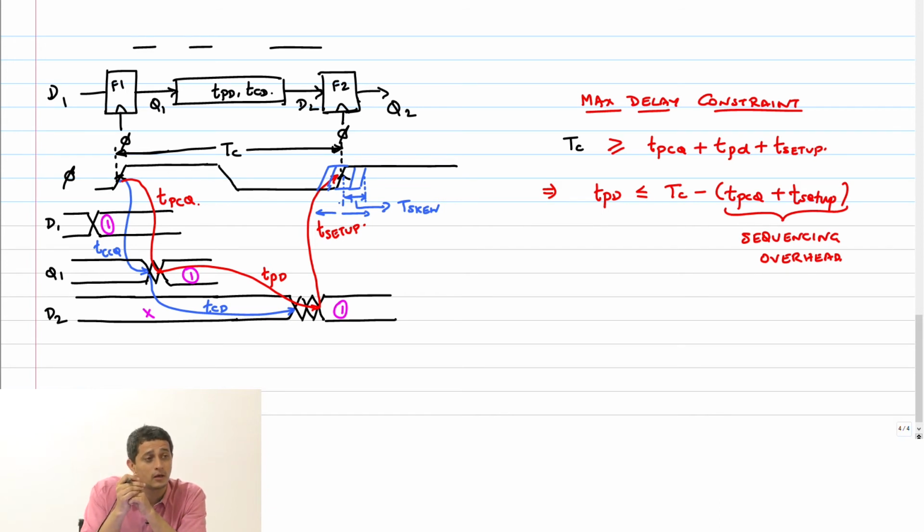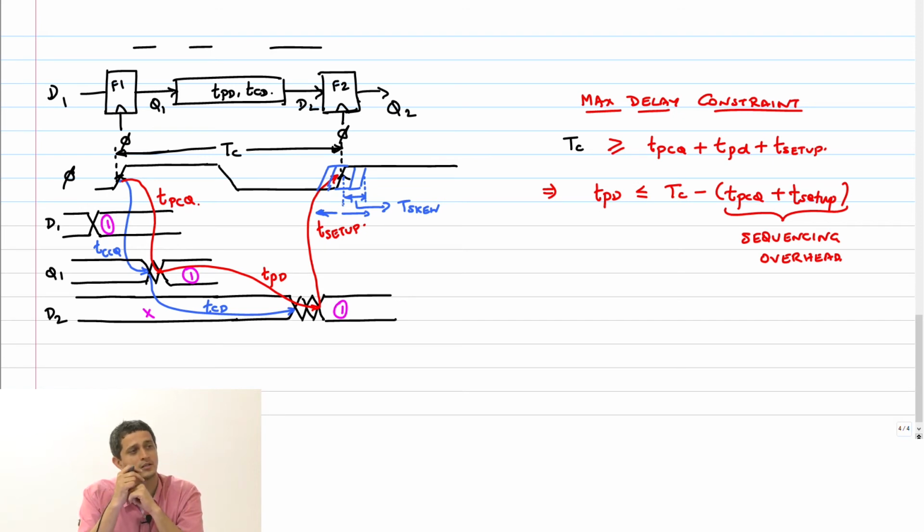It has to move to the left, because it has to eat into the setup time. If it arrives later, then I have no problem, because my data is anyway being set up with respect to the original clock edge, and this has got delayed, so there is no issue. If it comes inside, then I have a problem.